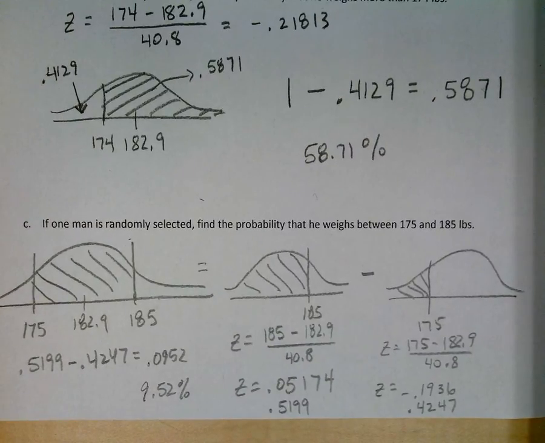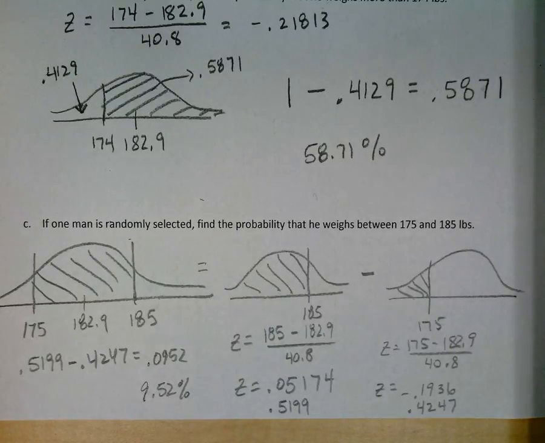Of course, this percentage is smaller because we have a smaller interval that we're looking under. We're only looking at a 10-pound interval from 175 to 185. However, there's almost a 10% chance that we're going to find a person between those two numbers. So that gives a little bit of evidence, I guess, that the 182.9 truly is fairly close to the mean of the adult male population.